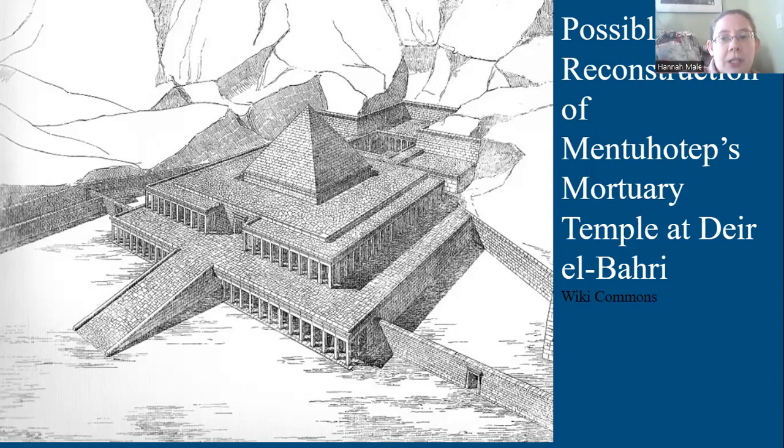And so Mentuhotep, for his mortuary temple, seems to have had the builders incorporate aspects of that local style. And then this is one possibility for what was on the very top. But again, we have basically none of that left, so there's no way to ever know for sure whether this is right all the way, so to speak.